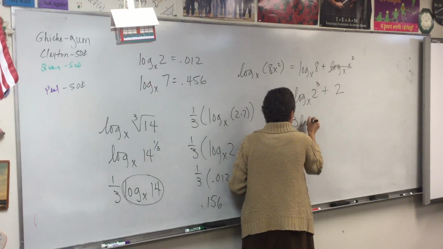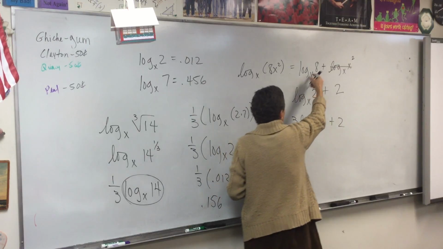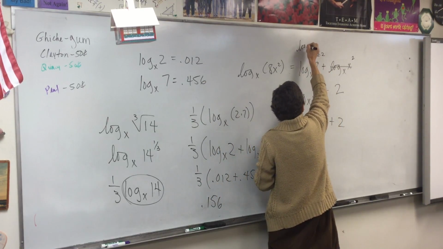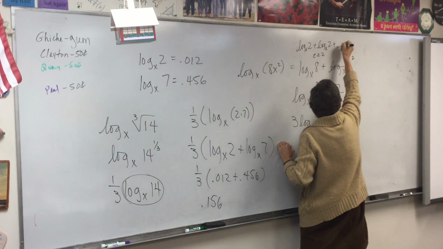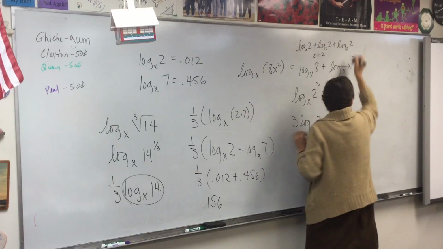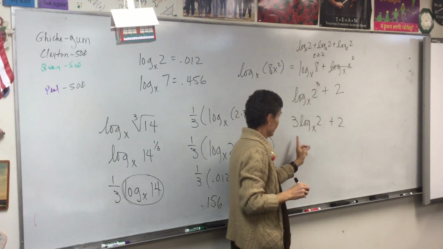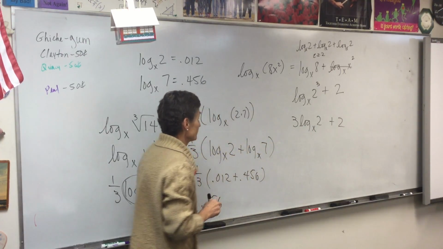Bring it out in front. If you think about 8 as 2 times 2 times 2, then you would have the log of 2 plus the log of 2 plus the log of 2. That would be another way of doing it. And isn't that just a long version of what you said? Yeah, so it works either way.